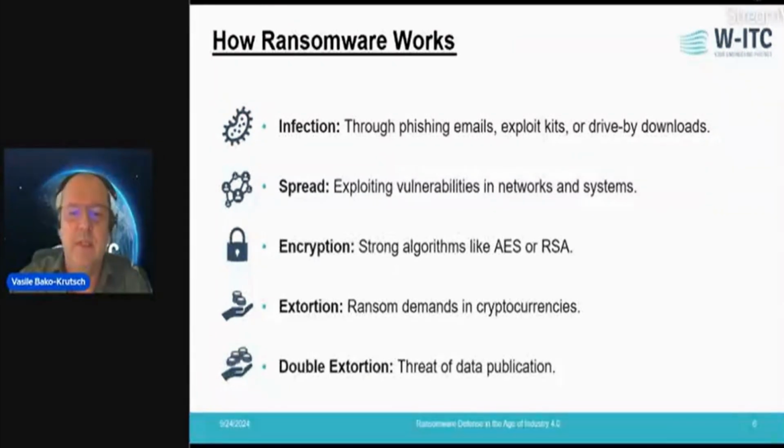The fourth phase, I wanted to say, is the extortion. Many of the victims become aware that they are suffering a malware attack in this phase. Extortion means in this case that after the data was encrypted, the victim is shown a message and a ransom is demanded to obtain the decryption key.